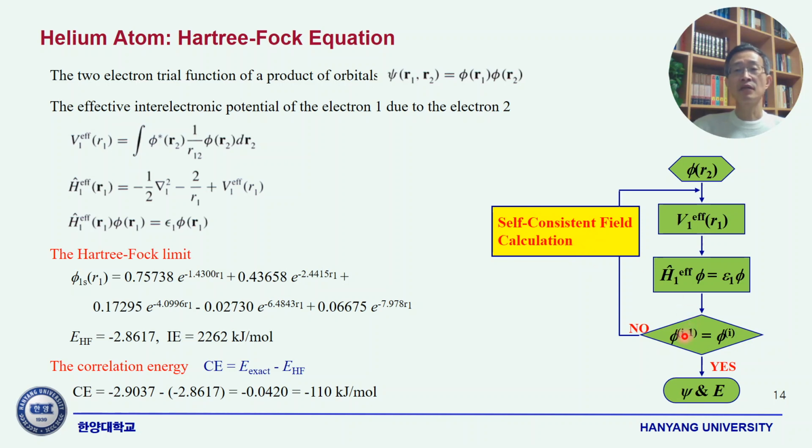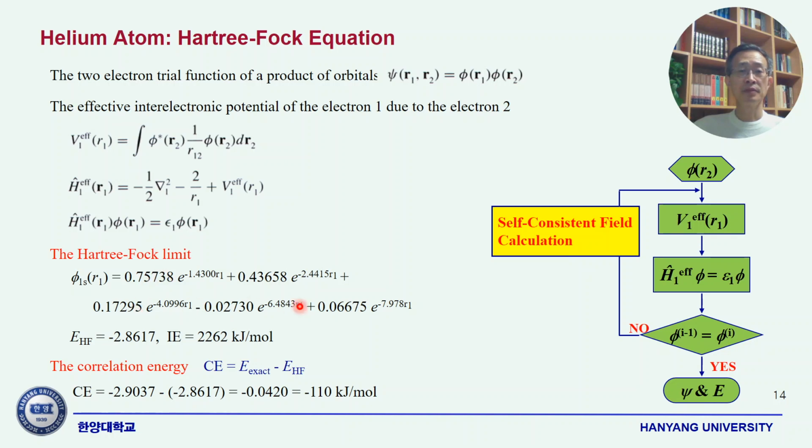So when this self-consistency is met, then you're done. So you obtain the energy and your wave function as the orbital product. So the Hartree-Fock limit is, firstly, they did 5 Slater orbitals. You see that there is a zeta function and the combination coefficient, 5 of them.